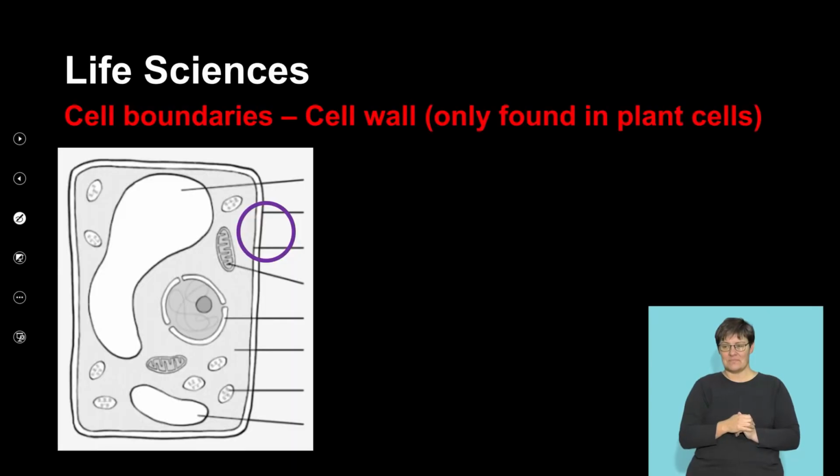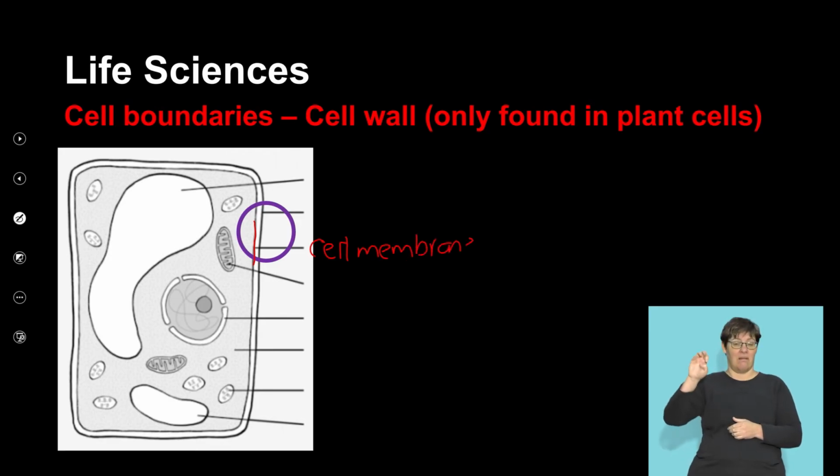All right. So now what I've drawn in over here, something you're going to become quite familiar with, is a diagram of a plant cell. Now you can see I've circled a little purple circle over here. On the inside over here, this is going to be my cell membrane.